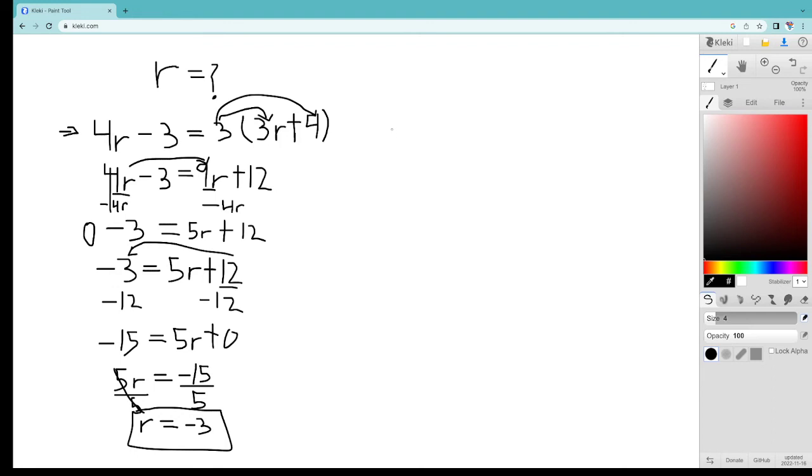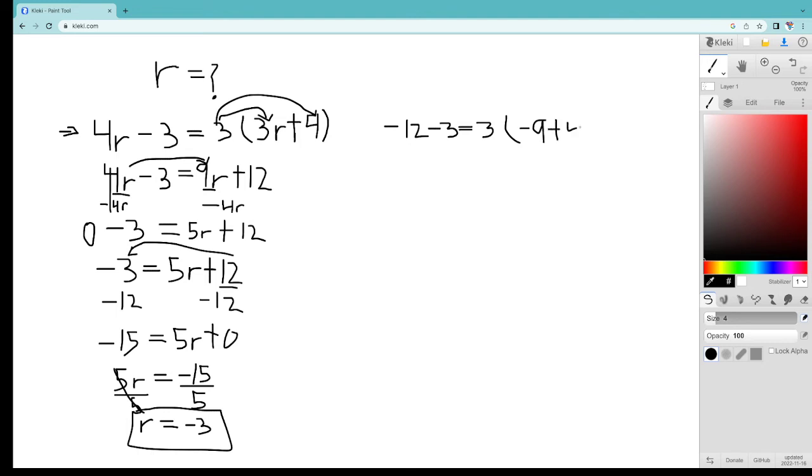All right. So negative 3 times 4 gives us negative 12, and the minus 3 equals 3 times, the negative 3 times 3 is negative 9 plus 4.